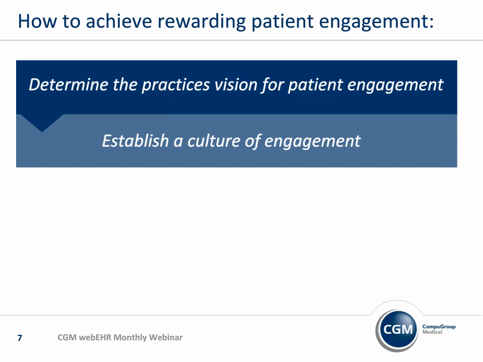To establish a vision of engagement, a practice must understand where it is and what the goal is in terms of patient engagement. What does your senior leadership, board, staff, and patients view as patient engagement? Develop an end-state vision of what the practice will look like when there is a strong patient engagement strategy in place.